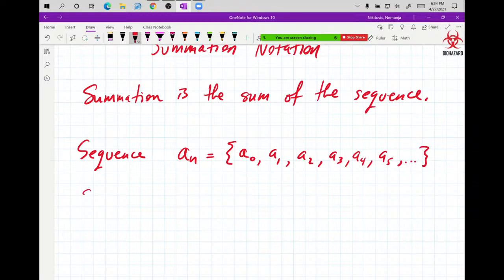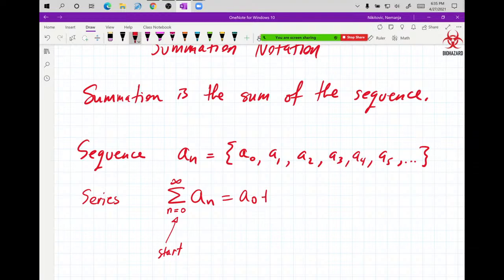And now a series or summation is going to be this Greek letter sigma. That's their capital S. And we are going to have this counter n start at 0, go to infinity, of an. So this is where you start your counting, and you see that the first term is a0 because n is equal to 0.